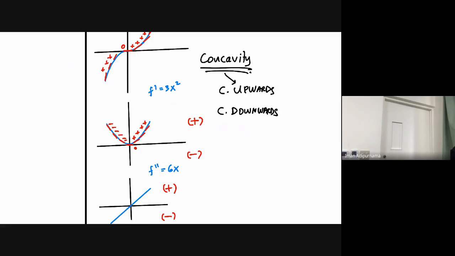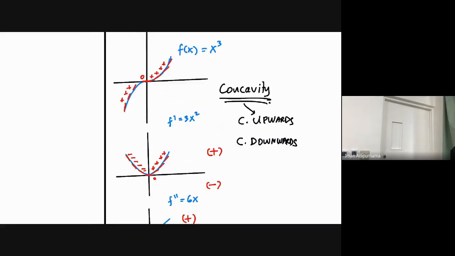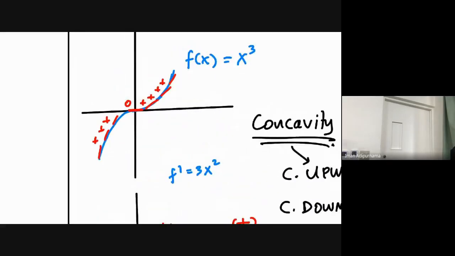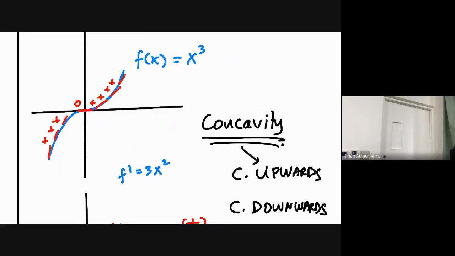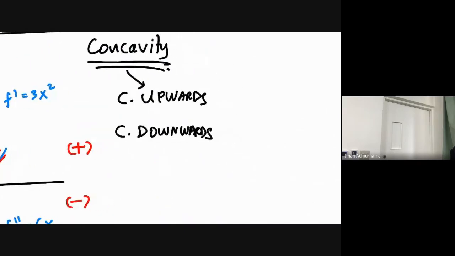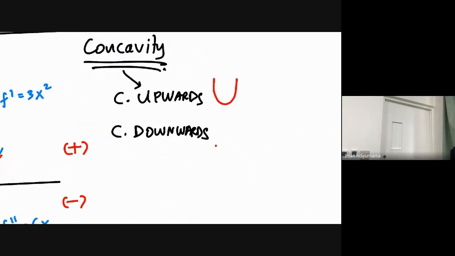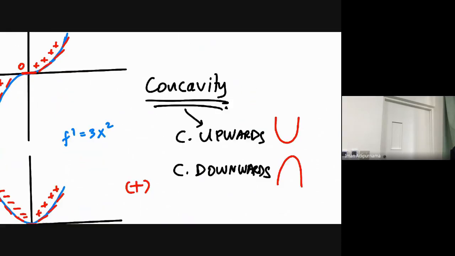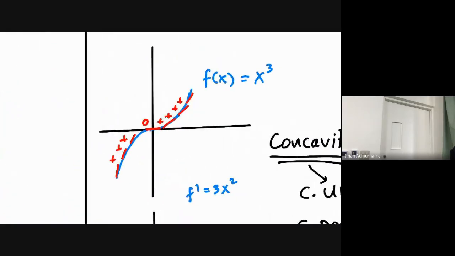What is concavity? Let's see our original graph here. Let me draw the upwards first. Concavity upwards is like this. Concavity downwards is like this. In this case, this curve is basically two concavities in one curve.